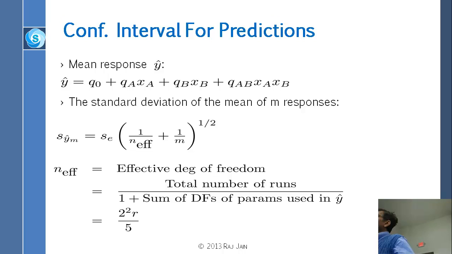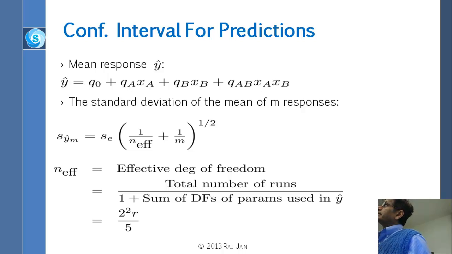Alright, now you could do the same thing for predictions. When you predict, you will be predicting the mean. Y hat is actually exactly this because error is 0. But this y hat is a random number. Its standard deviation depends upon how many observations you will take. So the mean of m responses will have this formula, where n effective is the effective degrees of freedom, which is the total number of runs divided by 1 plus the sum of degrees of freedom used in y hat.